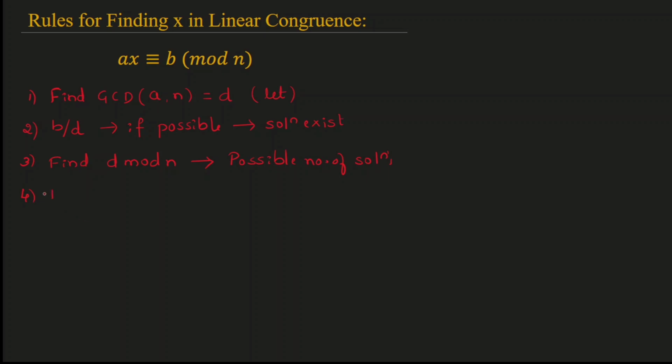Next, divide the given congruence, both sides, by d, whatever GCD you are getting. Then after dividing, multiply both sides by the multiplicative inverse of a.